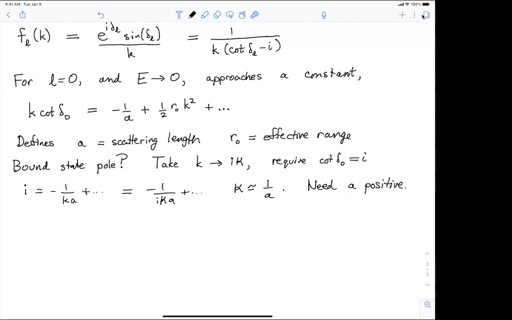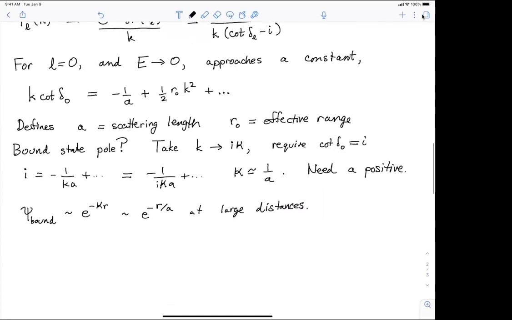It's because, again, the bound state wave function goes like e to the minus kappa r. Therefore, it's going to be going like e to the minus r over the scattering length at large distances. Okay, and we need that to get small rather than blow up at large distances. That's why a has to be positive. If a was negative, it would be blowing up at large distances.